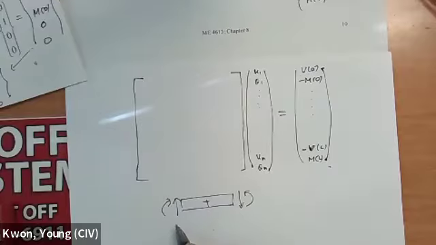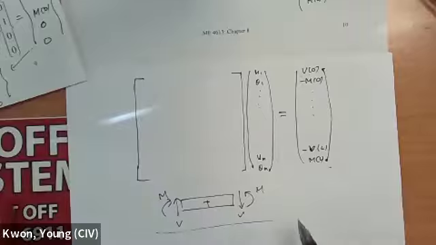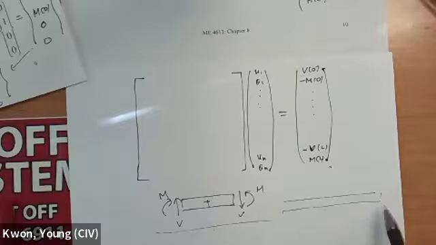That's the sign convention used to develop the beam bending equation. But in the finite element context, we do not look at this as right or left. We look at that as a node.